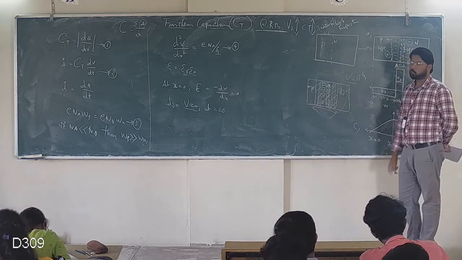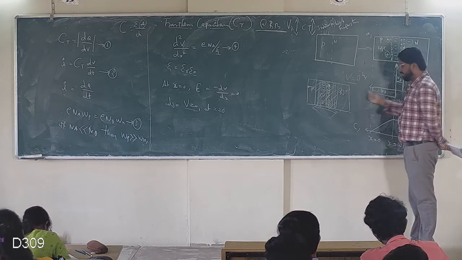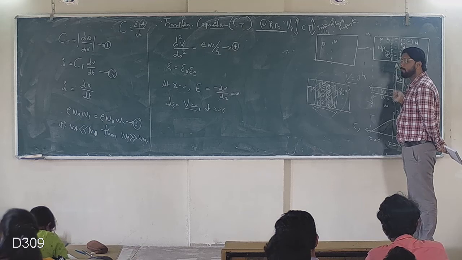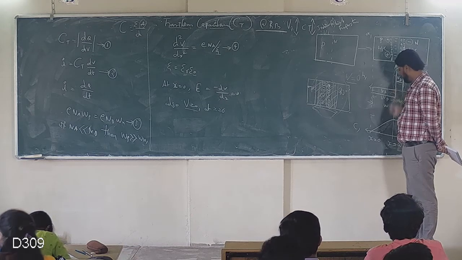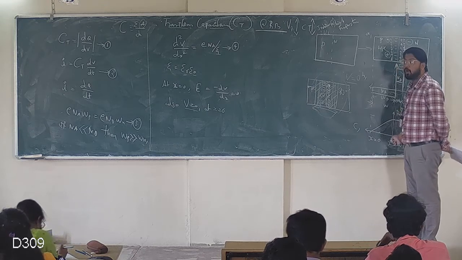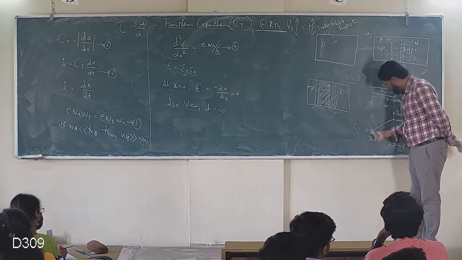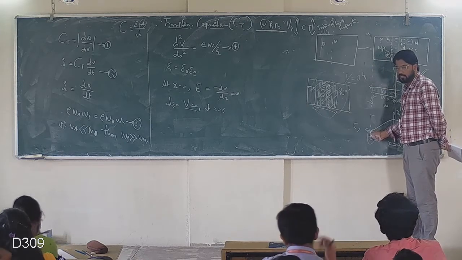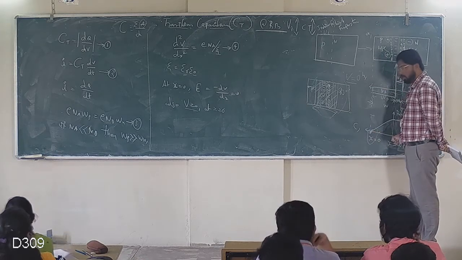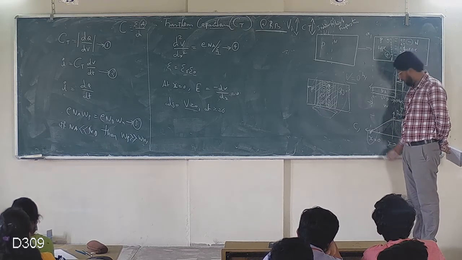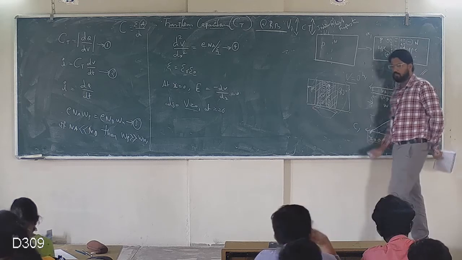Here the x-axis represents distance and the y-axis represents charge density. Here the x-axis represents distance and the y-axis represents potential. At 0, what is the potential? At 0 it is equal to 0. Somewhere it is equal to maximum. You got the point? At 0, the electric field is equal to 0.